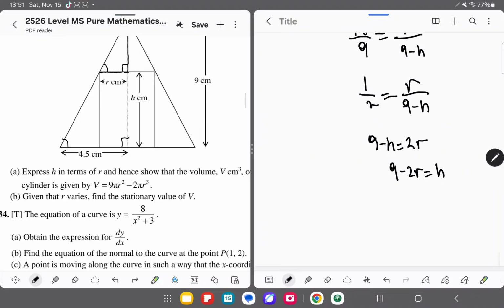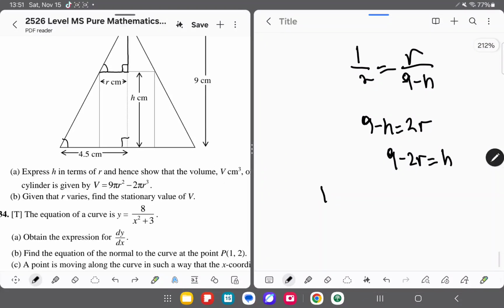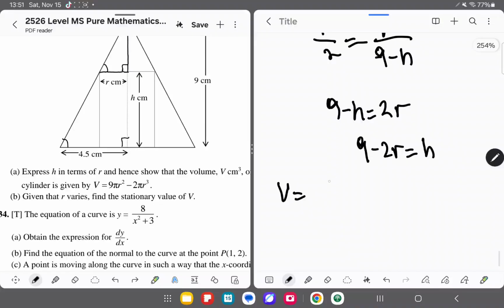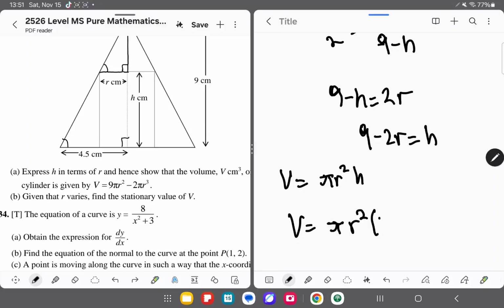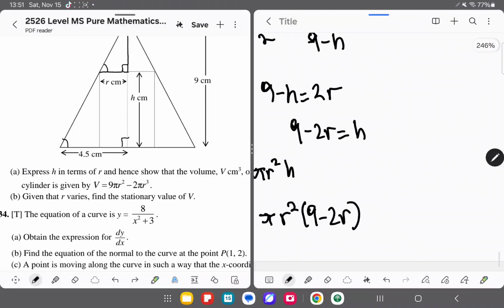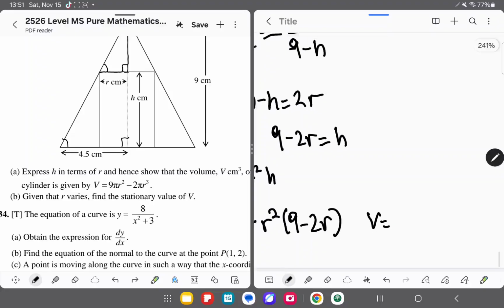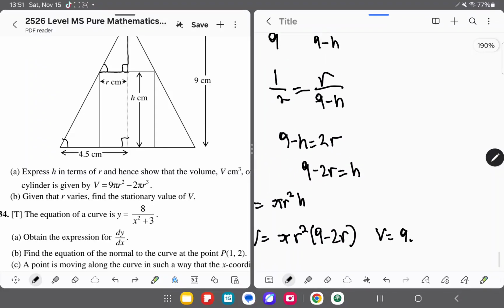The volume of a cylinder is equal to pi r squared H. We now know that H in terms of R is 9 minus 2R. We simplify it, and we get V is equal to 9 pi r squared minus 2 pi r cubed. So we get the volume.